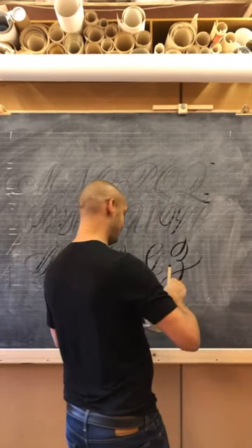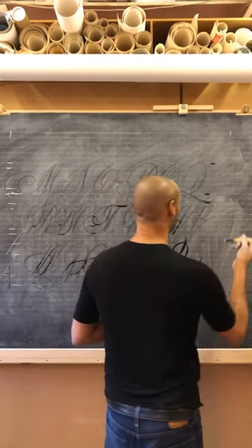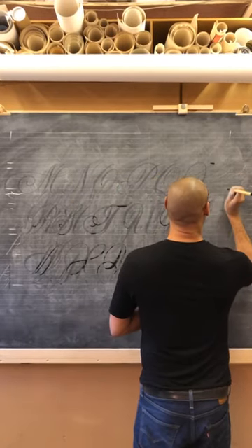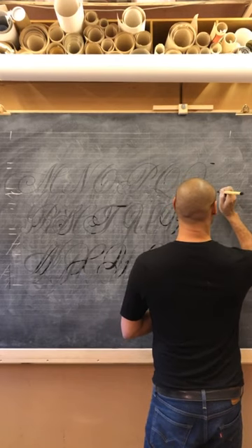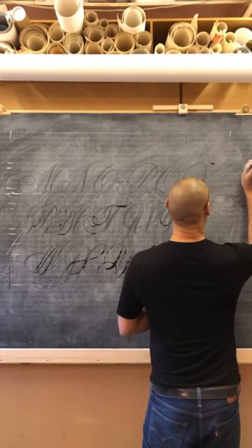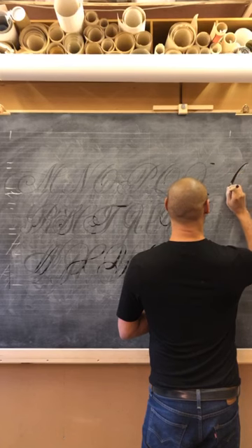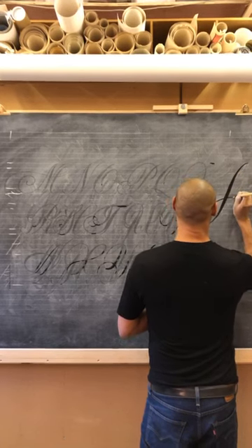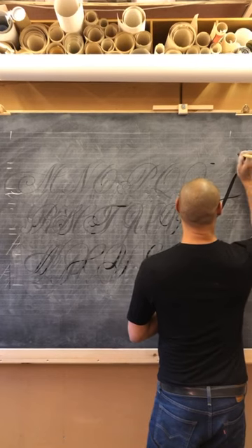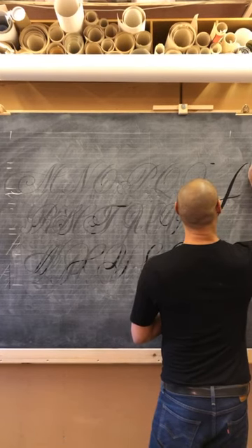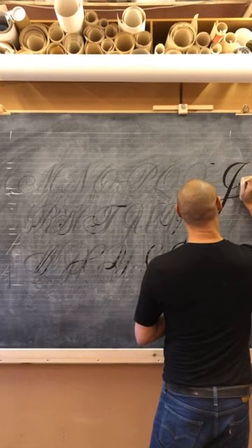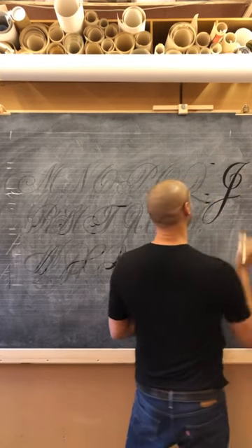Remember to inhale first, ghost it, and 1 and 2 and 3 and 4 and 5 and 6 and 7 and 8 and 9 and 10 and 11 and 12 and 13 and 14 and 15 and 16 and 17.